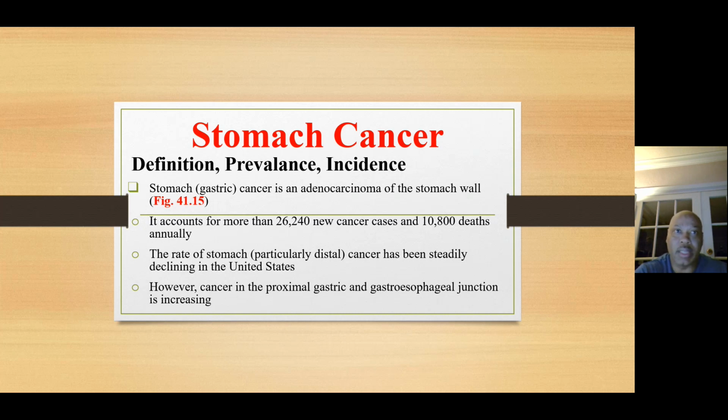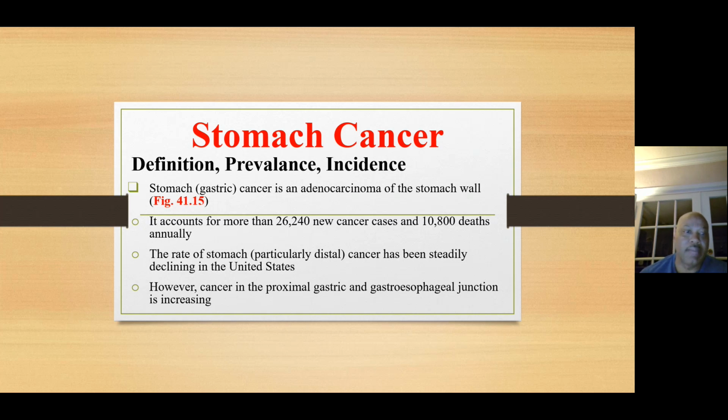That's one of the main organs that might be impacted. These patients may experience unexplained weight loss, indigestion, abdominal discomfort or pain, and also signs and symptoms of anemia. They also may report early satiety, or they may become full a whole lot sooner.